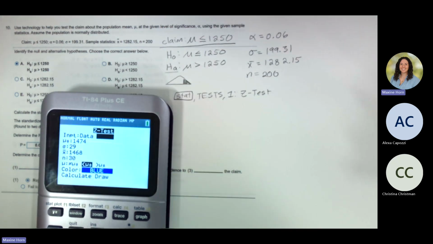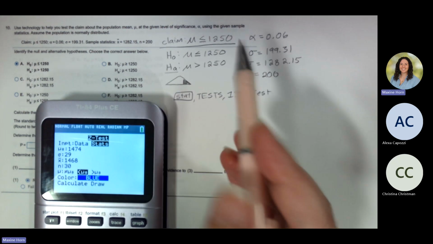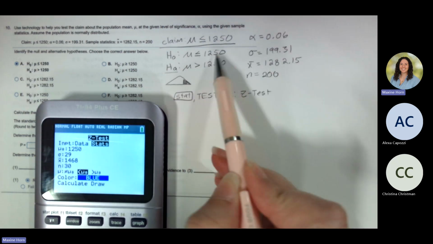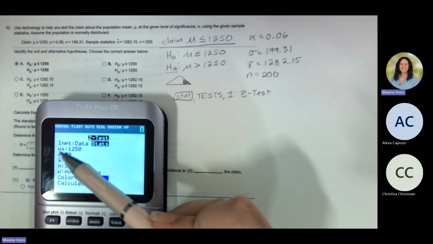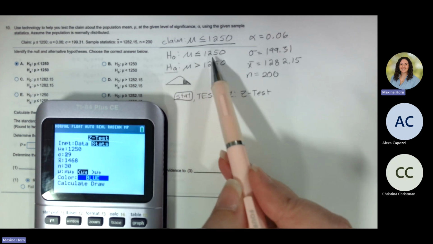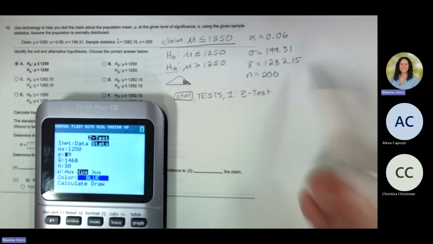And we're going to fill in what they've given us. Okay, so the number associated with our null hypothesis is 1250. And really, that's the same number as your null and your alternative, but they're just kind of reminding you, hey, don't forget to get it from these and not from your sample, right?